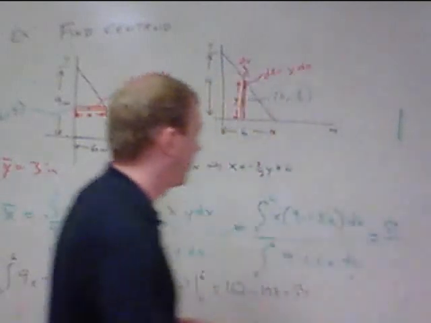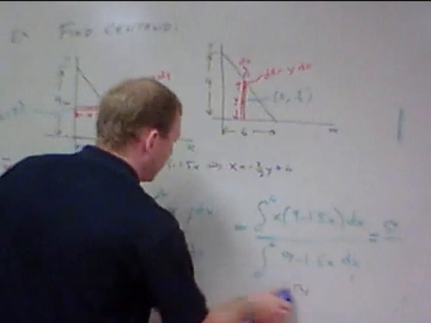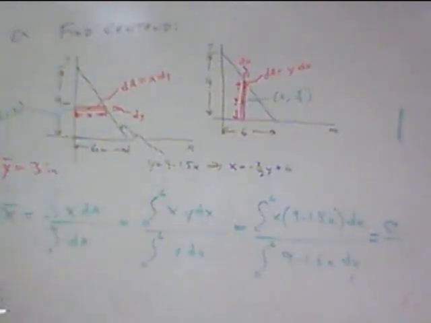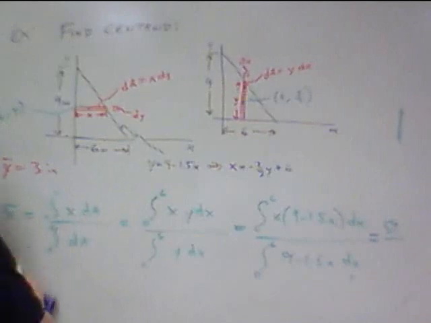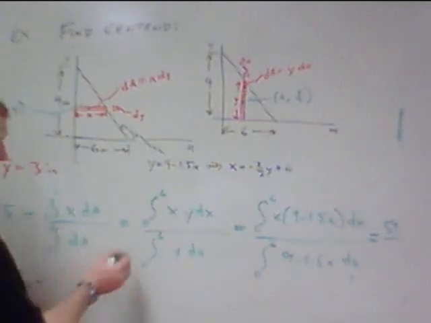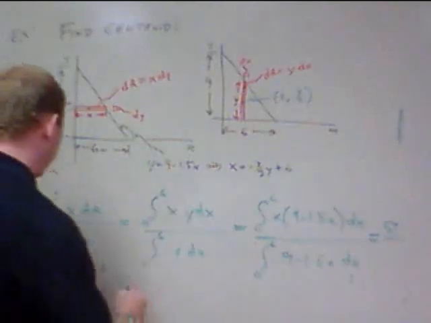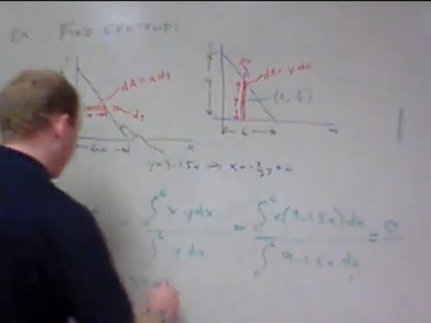Trying not to lose you off the edge of the board there. The denominator, as you might have guessed by now, is again just the integral of dA. We're going to end up with the same 27 for the area we got before, but just to show that's true, we end up with 9x minus 0.75x squared integrated from 0 to 6, which equals 6 times 9 is 54, minus 6 squared is 36, 3/4 of that is 27.